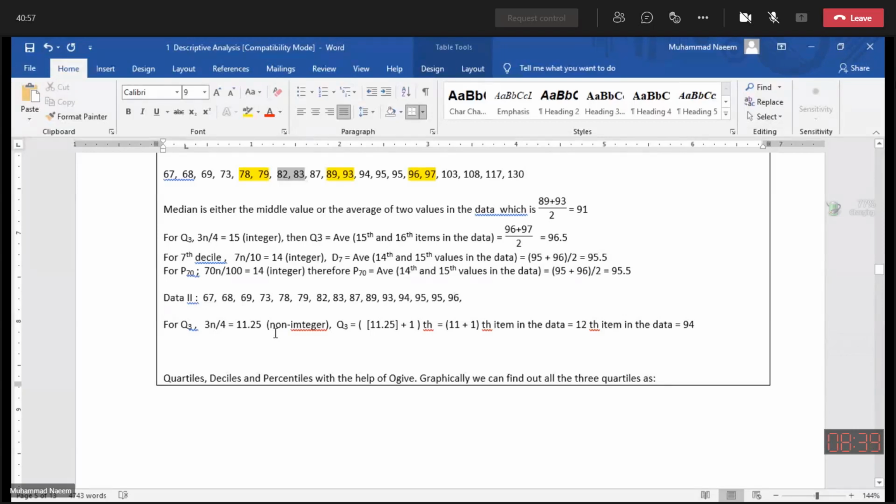In this case, this ratio is now non-integer. So apply bracket function to this non-integer value plus 1. This will be the position for Q3. We get the position at 12. So the 12th item, not the value 12. Q3 is not equal to 12. This is just indicating the position of the value. So the 12th item in the data is our third quartile.